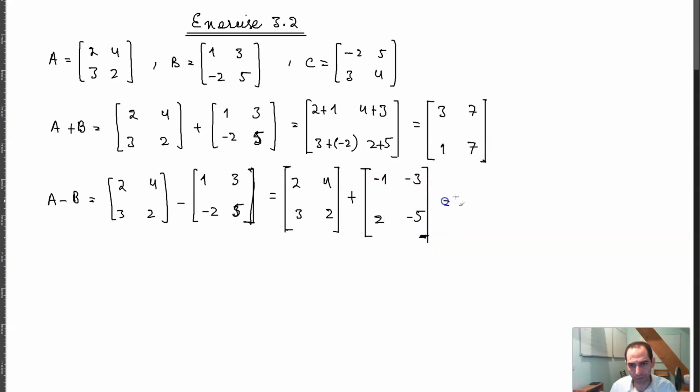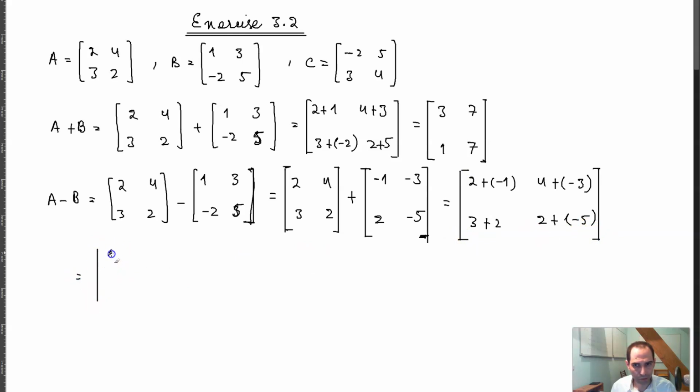Therefore I will have 2 plus negative 1, 4 plus negative 3, 3 plus 2, and 2 plus negative 5. 2 plus negative 1 is equal to 1, 4 minus 3 is equal to 1, 3 plus 2 is equal to 5, and 2 minus 5 is equal to negative 3. That is A minus B.